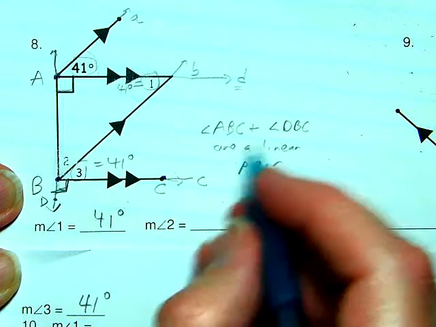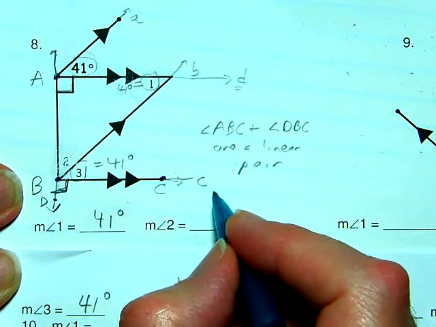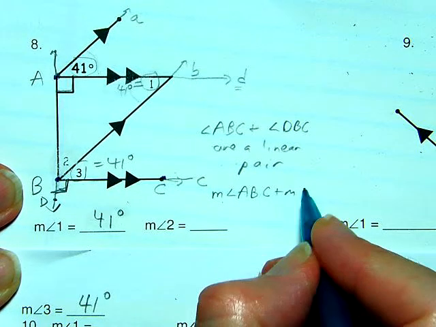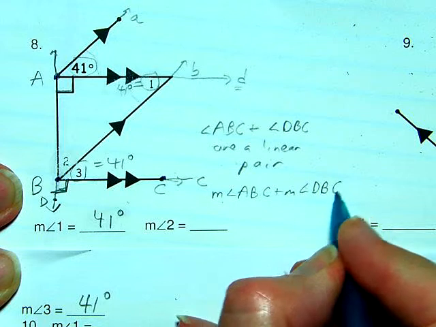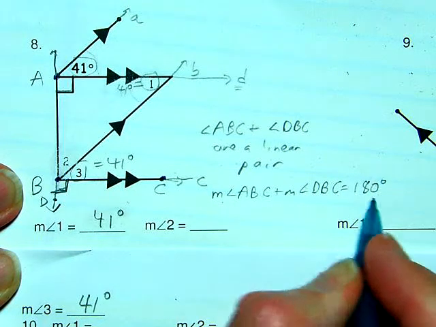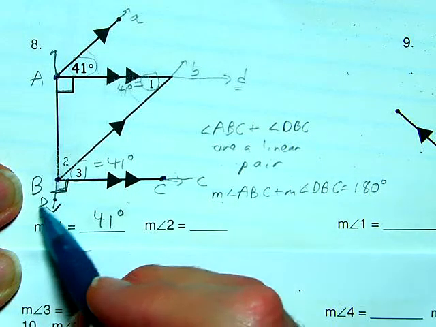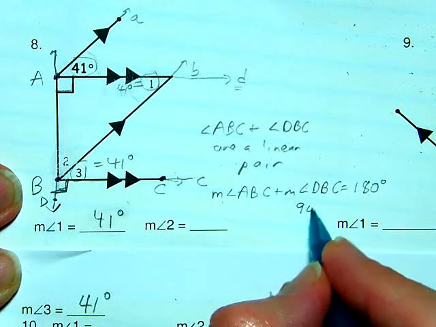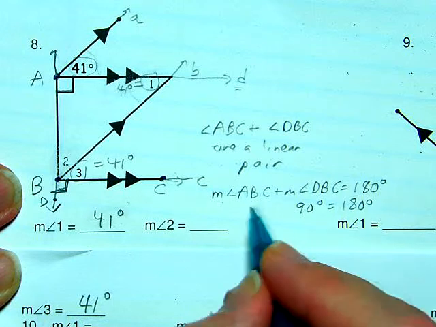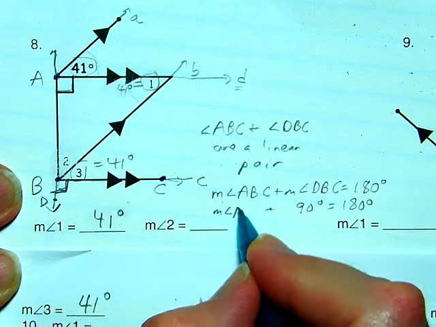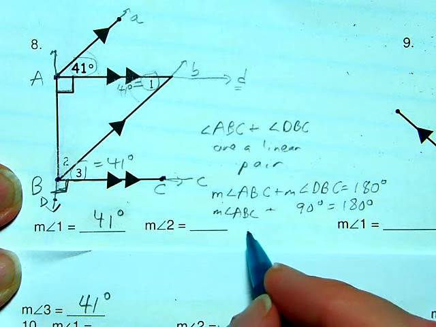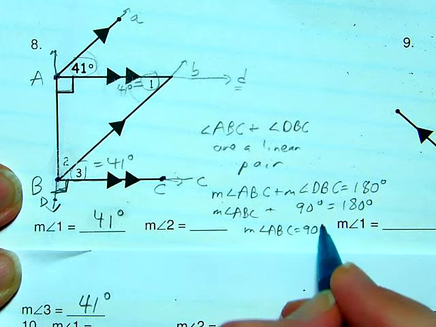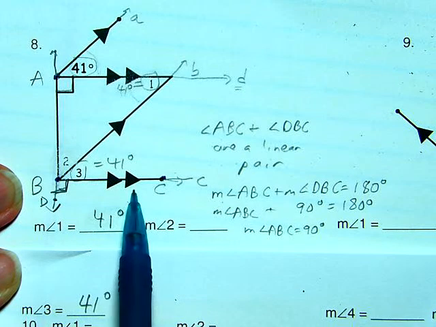And therefore, that means that the measure of angle ABC plus the measure of angle DBC is equal to 180 degrees. But we know that the measure of angle DBC by corresponding angles is 90 degrees. And then we can easily solve for the measure of angle ABC to give us the fact that the measure of angle ABC is equal to also 90 degrees. So ABC is equal to 90 degrees.